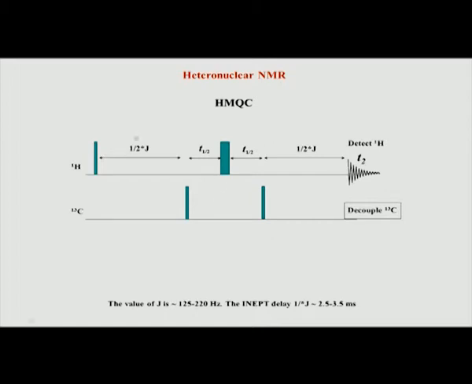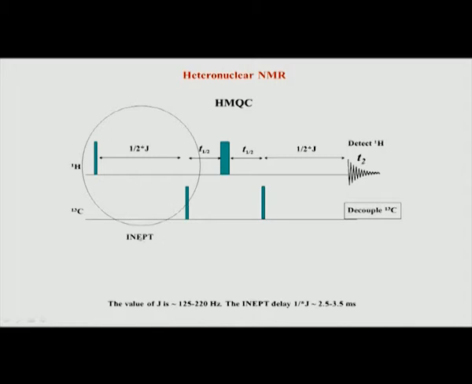So, let us now look at HMQC. It is a much simpler experiment in terms of the number of pulses in the sequence. Similar to what we saw in HSQC, you need to transfer polarization from proton to carbon, and that is typically done using an INEPT block. But this INEPT is not the same as the INEPT you saw in the HSQC experiment, because there we saw two 180 degree pulses and so on.